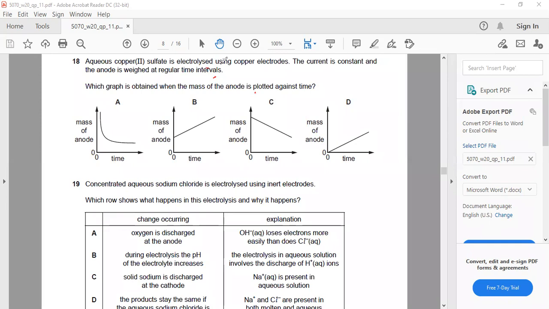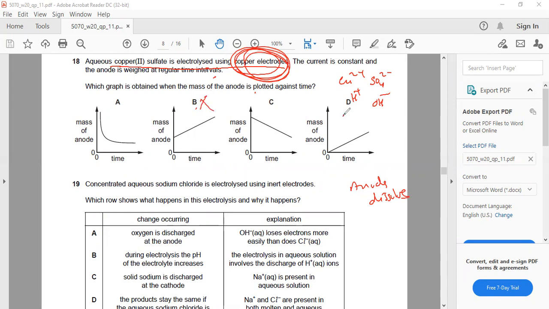Okay, electrolysis. Electrolysis of copper sulfate using which electrode? Copper electrode. I tell my students to write all the ions in electrolysis questions. What does copper electrode mean? The anode dissolves because it's a copper electrode, so the mass of the anode decreases.